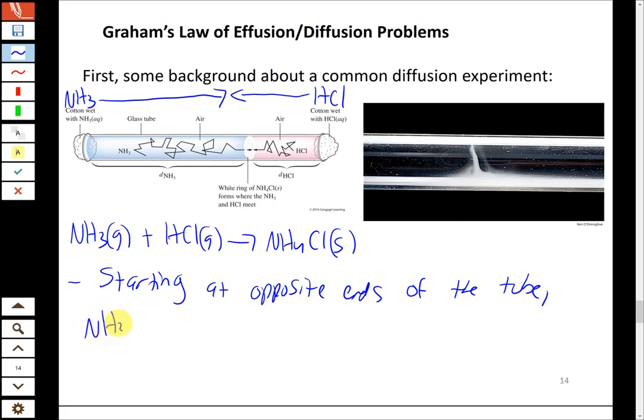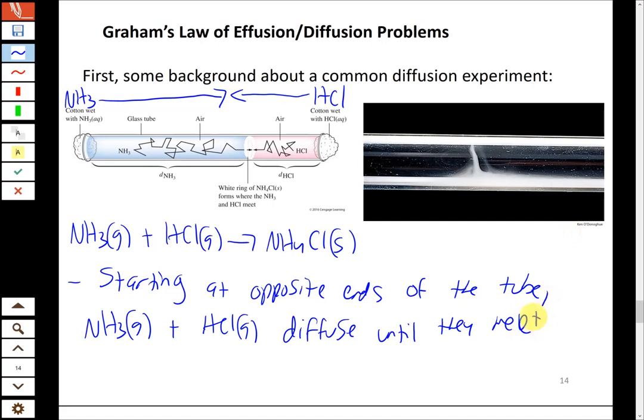The two gases diffuse towards the center until they meet up with each other, and then they react to form the solid ammonium chloride. All right, and then you'll visually see that white ring where they react.